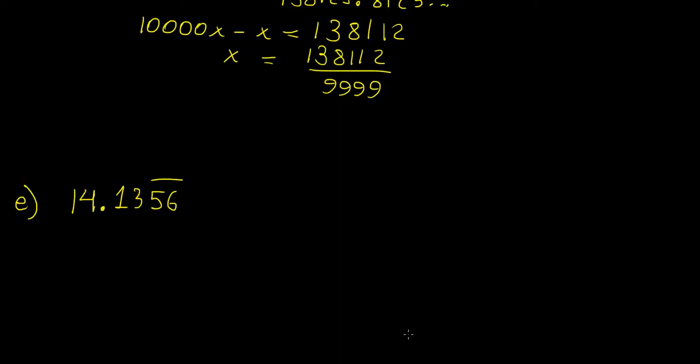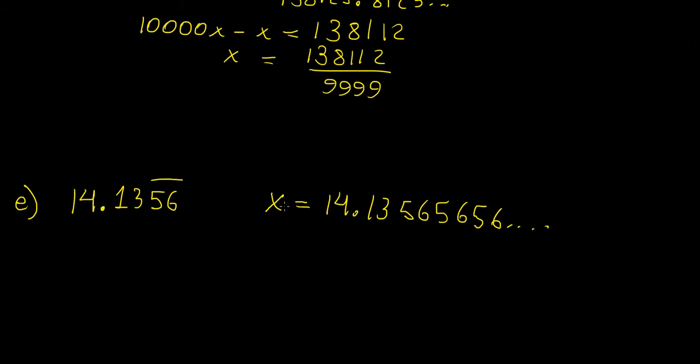Now let's do a tricky problem. All of those ones that I gave you are pretty easy because you just need to multiply something by enough spaces. So in the end you always get a whole number when you do the subtraction part. Now let's do this example here. We have the following number, 14.13, and then the 56 is going to repeat to infinity.